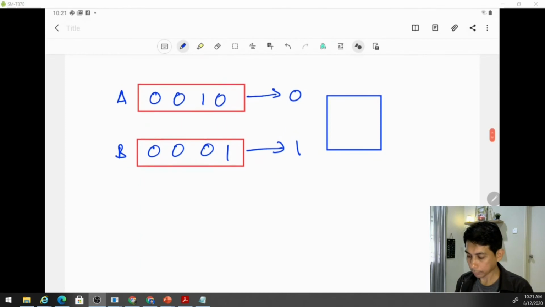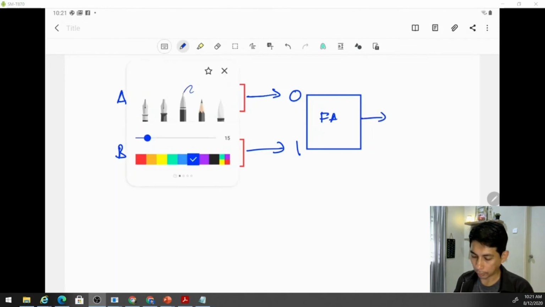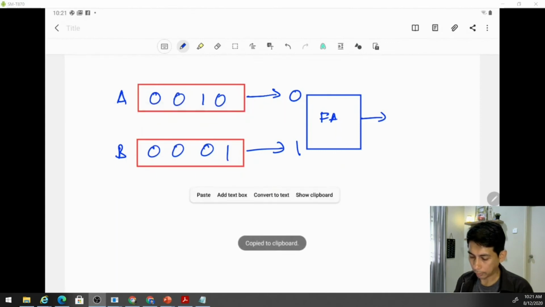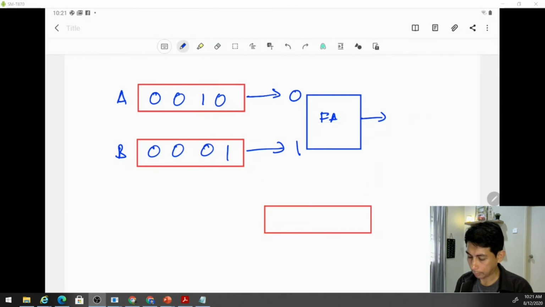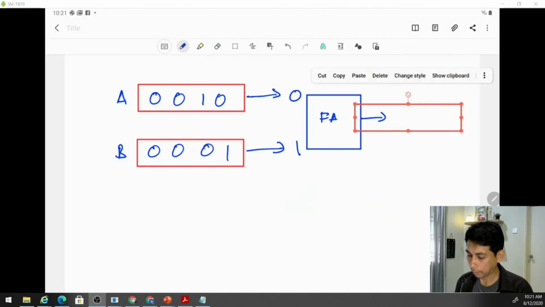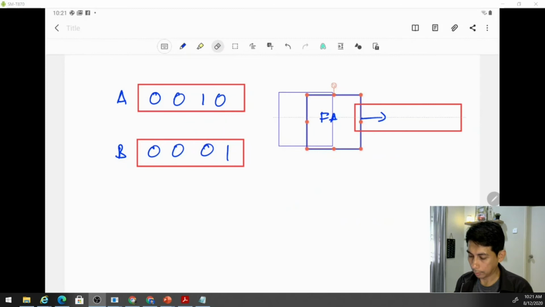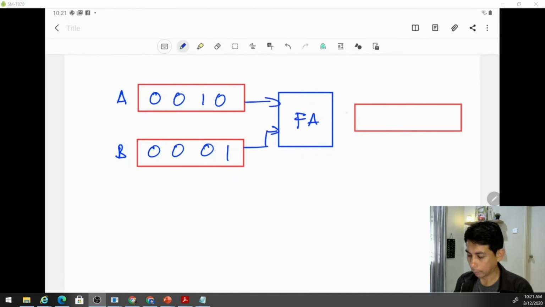A full adder, and the output from this is also a register.